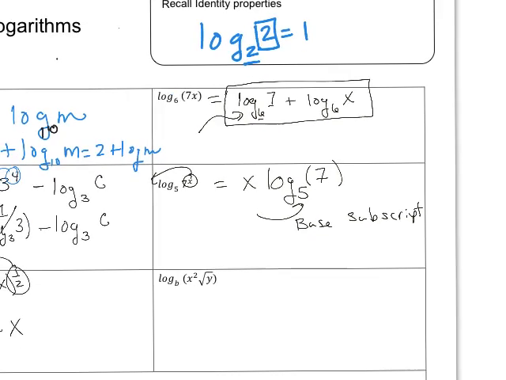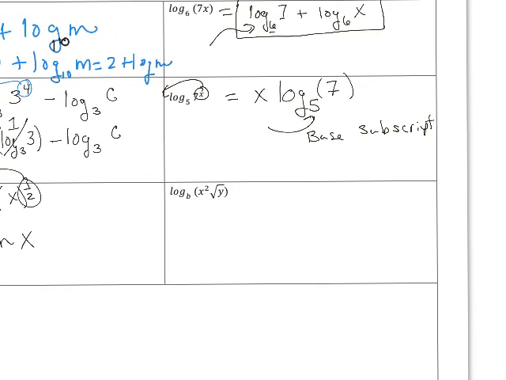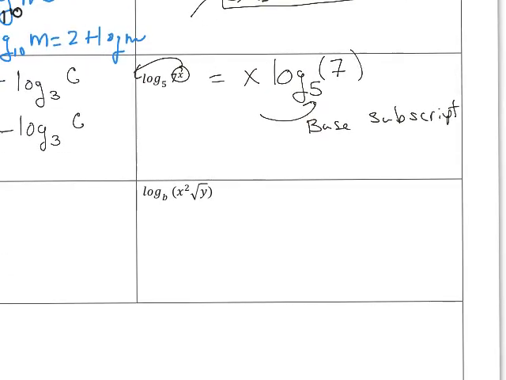All right, I've got one more question I want to go ahead and do with this portion. We've got a couple of different things going on with this one. First thing I want to go ahead and do is rewrite that as log base b of x squared times y to the 1/2.